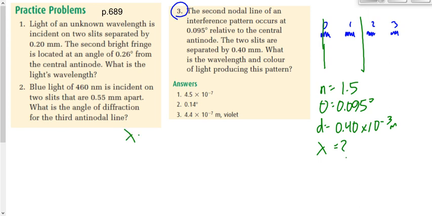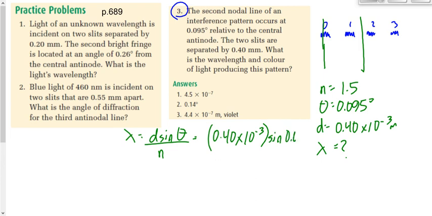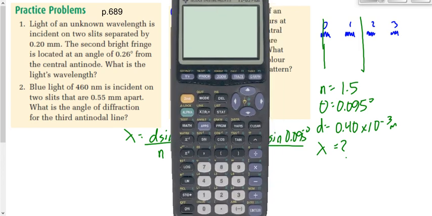Let's say lambda is equal to d sine theta over n, or 0.40 times 10 to the minus 3 times sine 0.095, a really small angle, divided by 1.5. See what we get here.